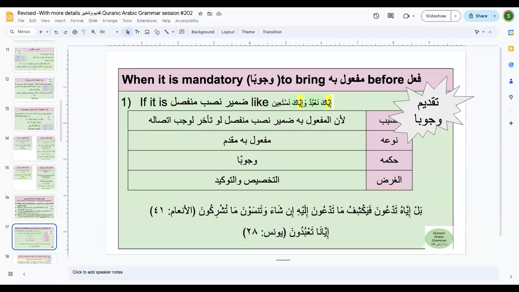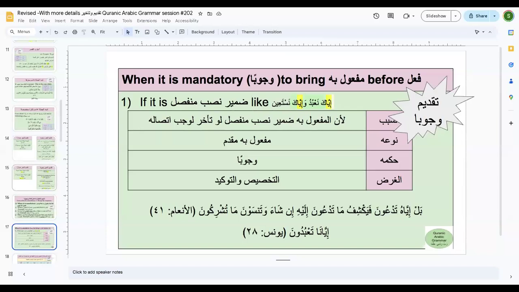Why is this made before the fa'il? The reason is التخصيص والتوكيد, exclusivity, which means only you we worship, only you we ask for help. And tawkid, there's a lot of emphasis when the pronoun is before the fa'il. I hope this is clear to all of you.